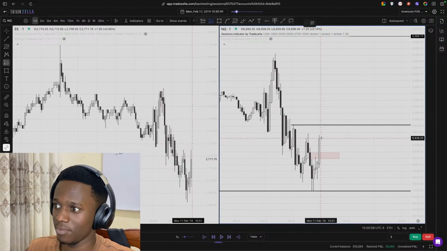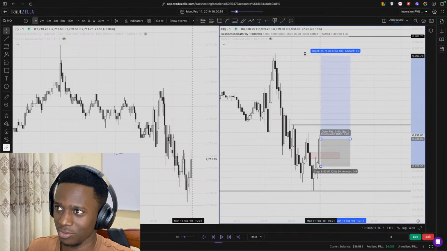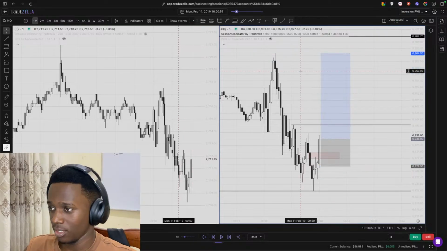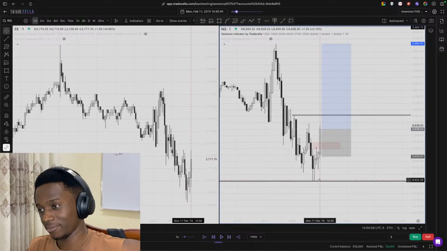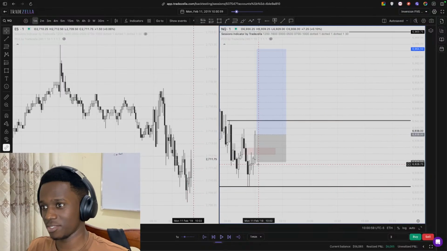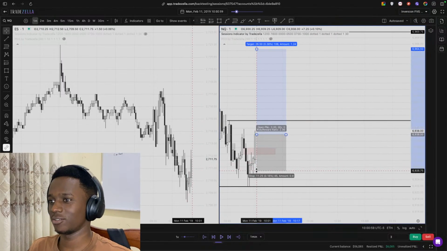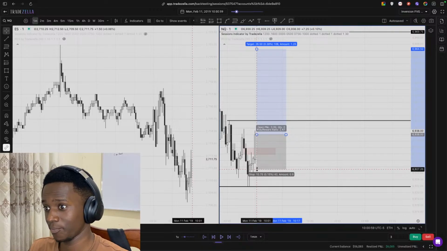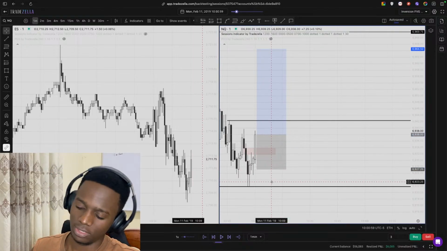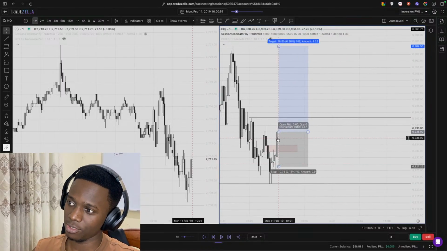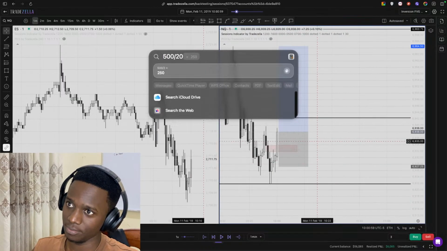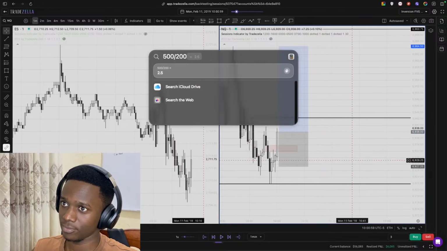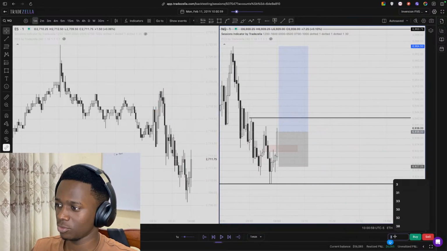And the thing is, this opportunity could get sabotaged by the fact that we have a 4-hour low here, which price is more likely to hit before going higher because it's a high time frame POI. Now let's just do a 10 point stop, and that will be 500 over 20. Wait, 200, yeah. So 2 minutes long.